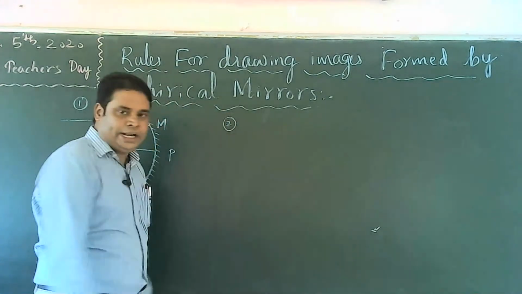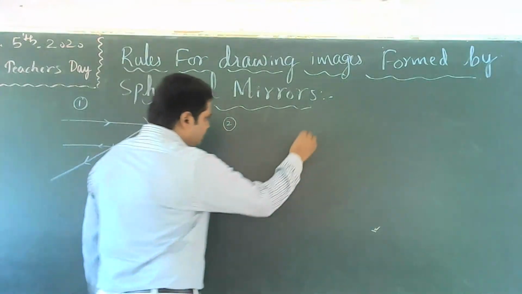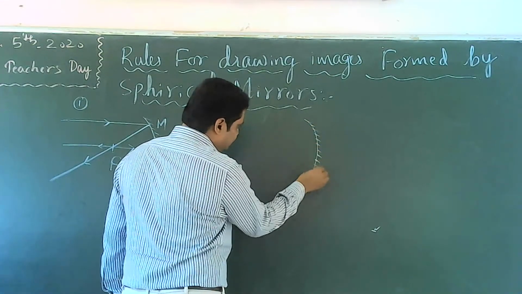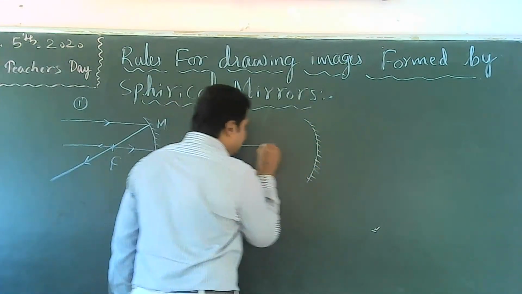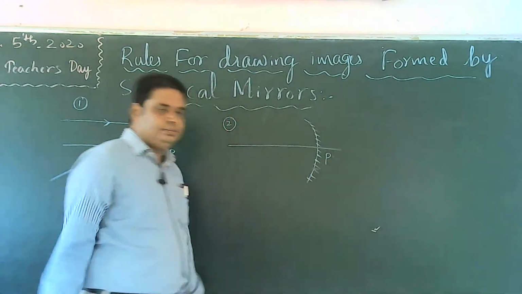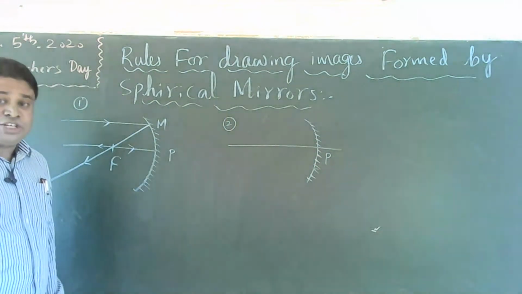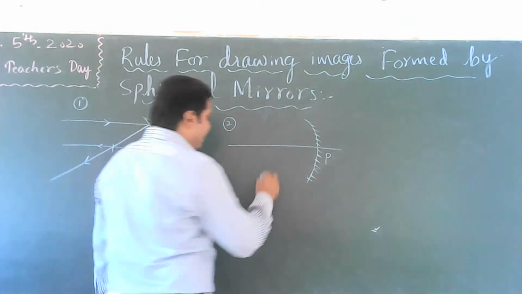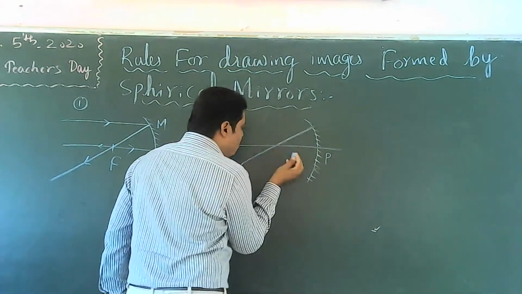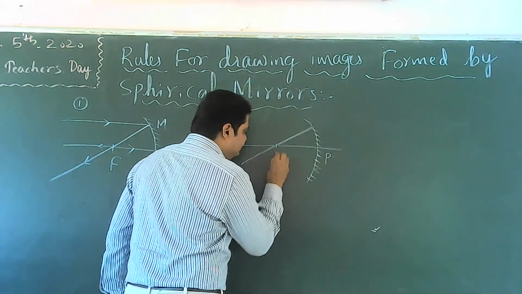See here. Second ray to be considered. Once again, let me draw a concave mirror, principal axis, and the plane. Now imagine a ray is allowed to pass through the focus of a mirror.